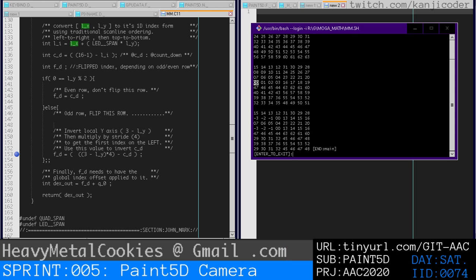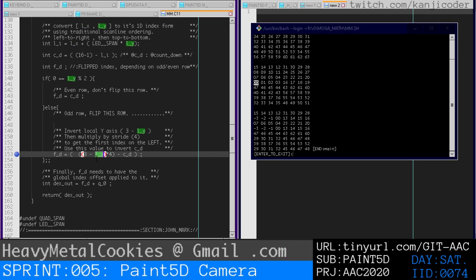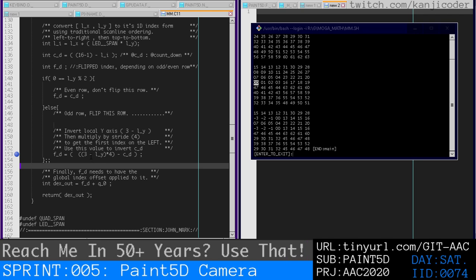So if this is 0, if we take CD and minus it, we're going to end up with some negatives. If LY is 0 for a second, then 3 minus 0, that's still 3. 3 times 4 is 12.